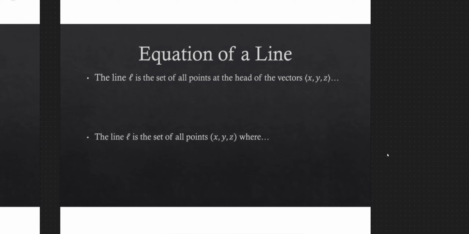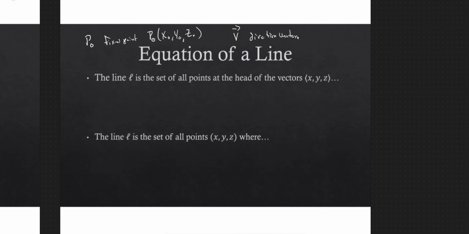Again, p naught is a fixed point, and let's say p naught is x naught, y naught, z naught. And then we have a direction vector v.